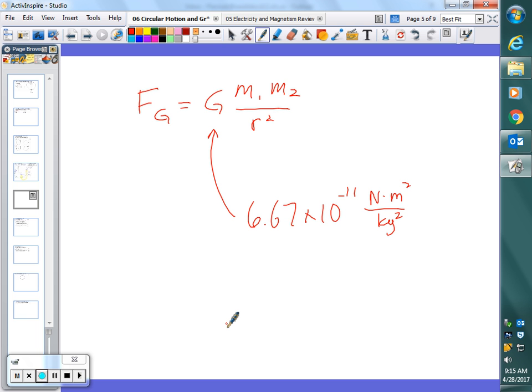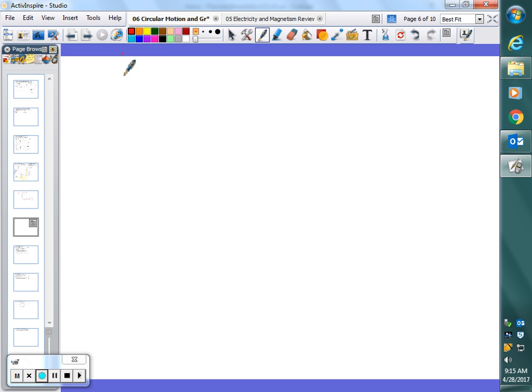When we do that, we end up with something like this. We have been making an assumption for the force of gravity here on Earth, for the beginning part of the course.